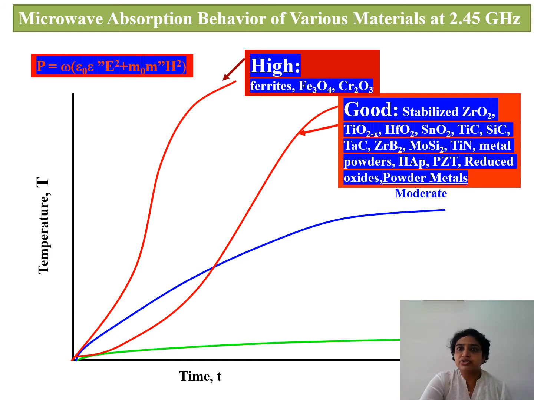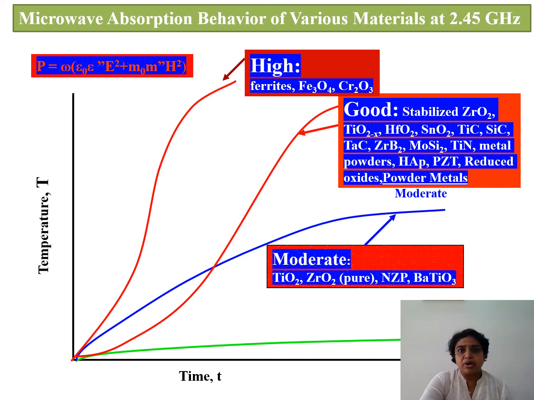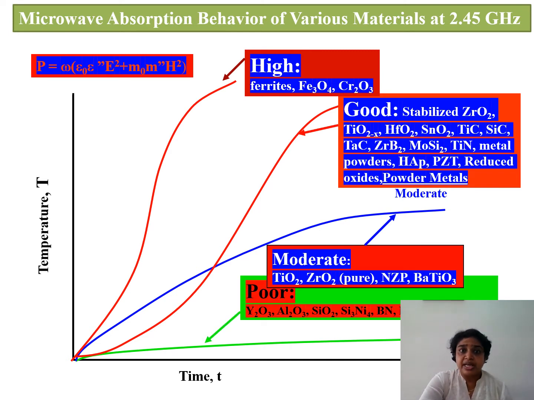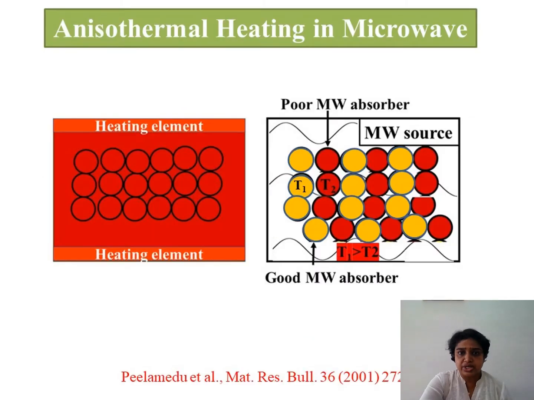Here good absorbers are some carbides like silicon carbide, some oxides like zirconia and titanium oxide, and then reduced oxides and some powder metals also. Then the moderate absorbers are pure titanium oxide or zirconia oxide, or titanates also. Then we come to the poor absorbers. These include silica, yttrium oxide, alumina, etc.